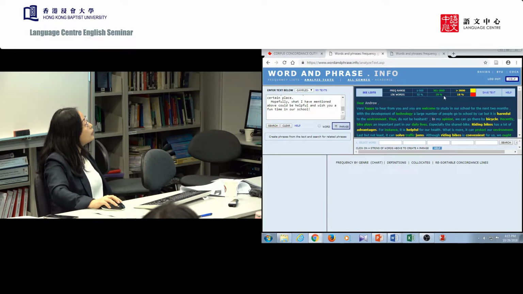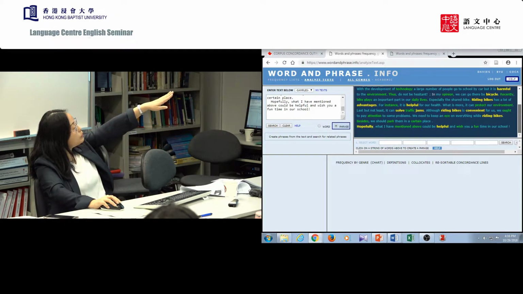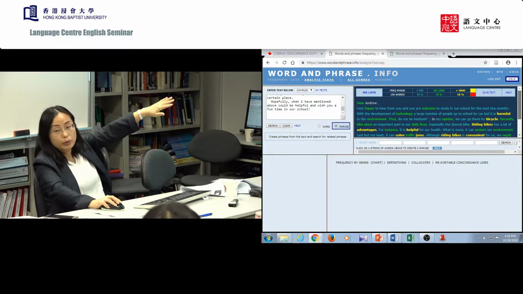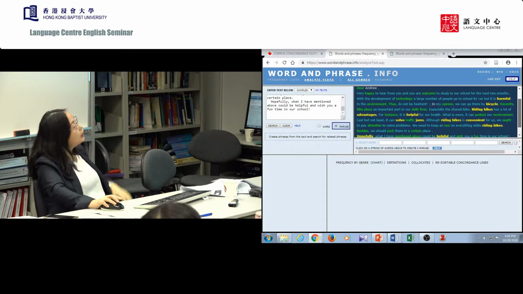And the bright yellow is 3,000 frequency or higher. So you can see that the students can use lots of words at the 3,000 frequency level, so it's quite good, right?